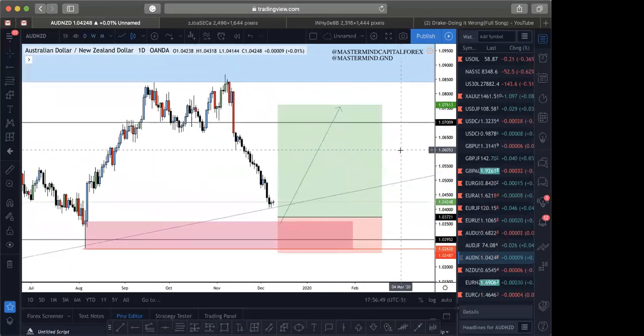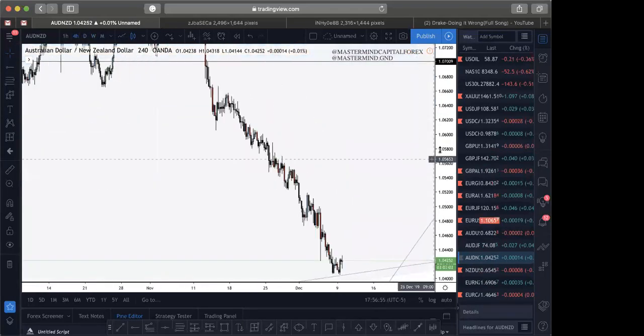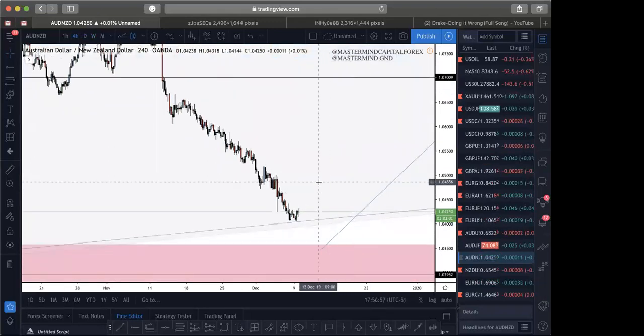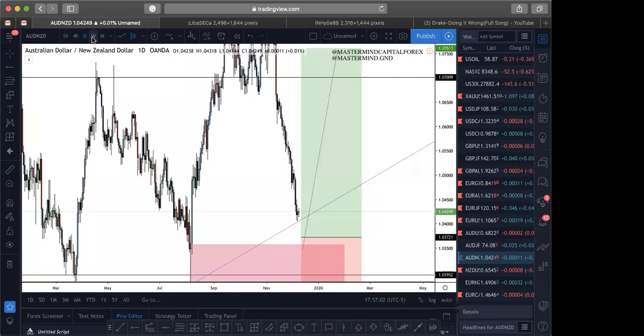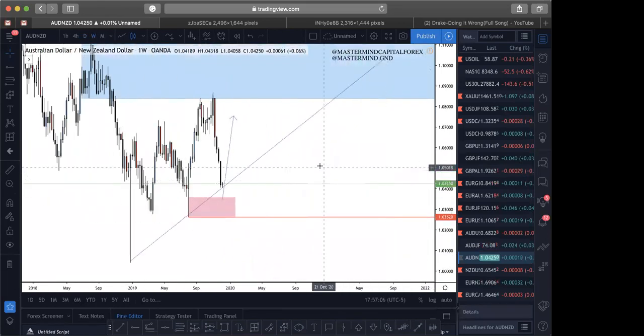So that is top-down analysis on Aussie NZD. Oh yes, I did post this setup in the group chat. I said it would be a very slow moving pair. This pair moves very slow, so you need to have patience with it.